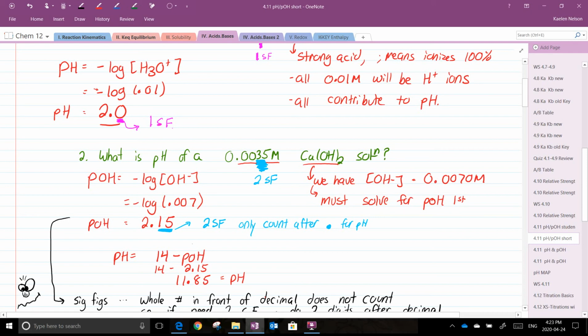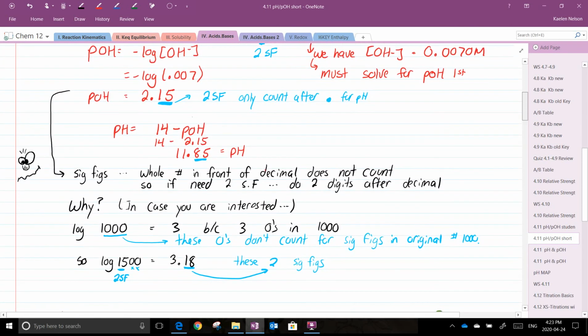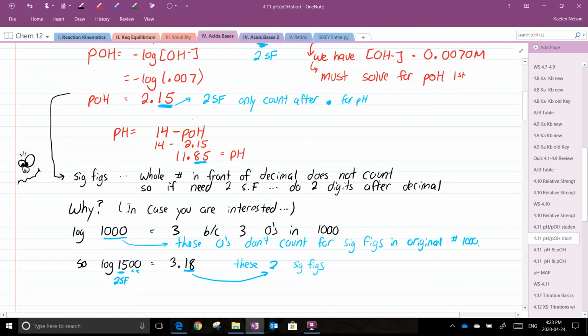And then when I subtract, I keep my 2 sig figs here. The 11 doesn't count as part of the sig figs. So here's our explanation as to why. The whole number in front of the decimal does not count. So if you need 2 sig figs, you do your 2 digits after the decimal.